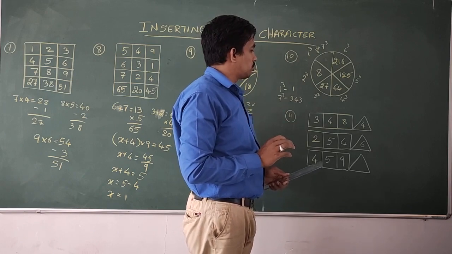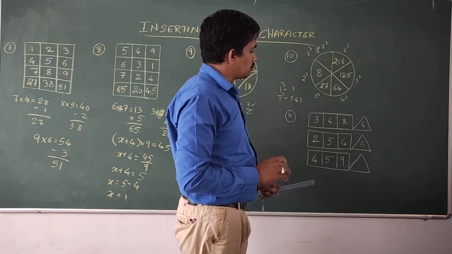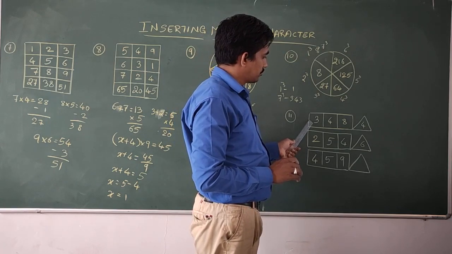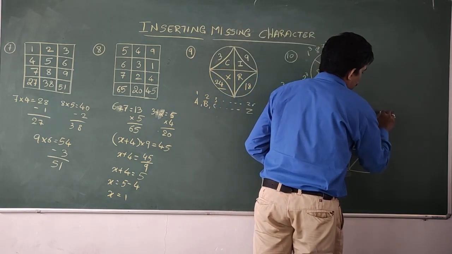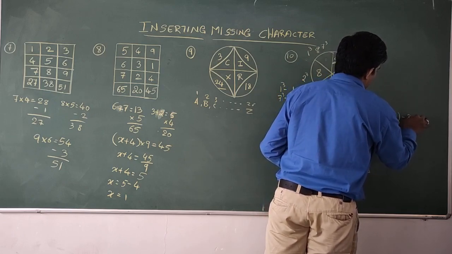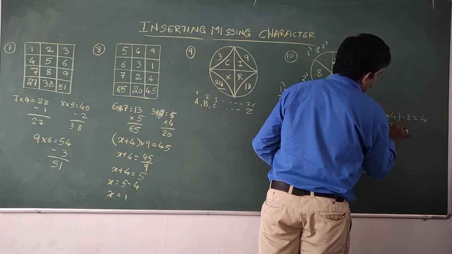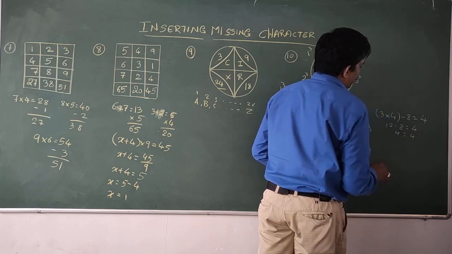And coming to our 11th question. So we have to find this number. So see here how to solve this. Okay. See here. For this, 3 into 4 minus 8 equal to 4. 3 into 4 means 12 minus 8, that equal to 4.